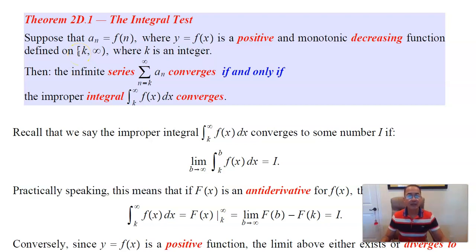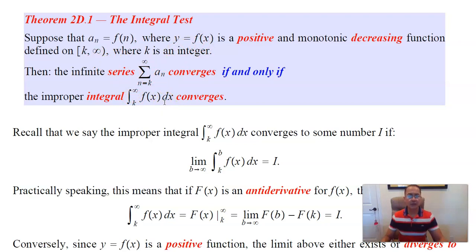Now, the integral test talks about the infinite series as well as an improper integral. The test says the infinite series, summation of n from k to infinity, converges if and only if the improper integral from k to infinity of this f of x converges.